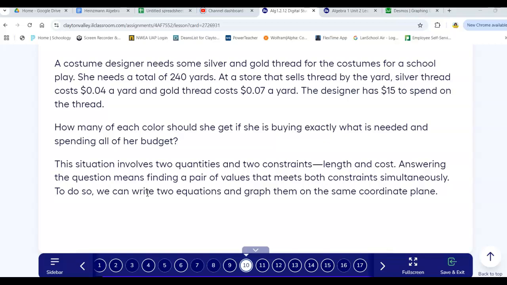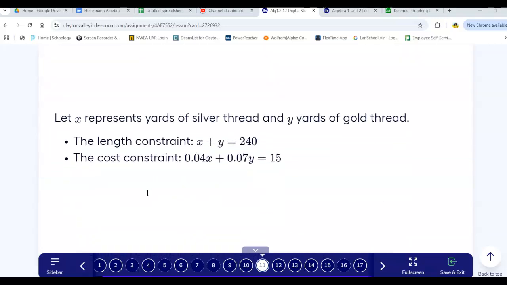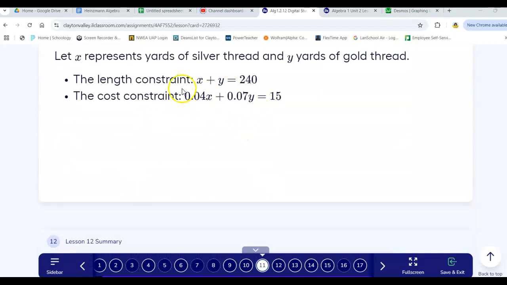To do so, we can write 2 equations and graph them in the same coordinate plane. And here are the 2. So if we add up the silver thread and the gold thread, we're going to get 240 yards. And now we're going to do money. So here's the cost of silver thread, the cost per gold thread, and how much money she's going to spend.